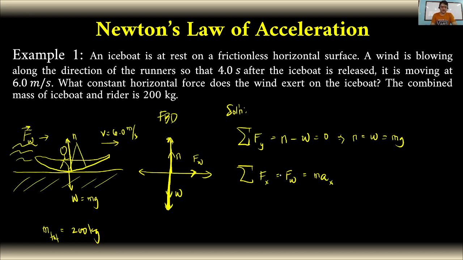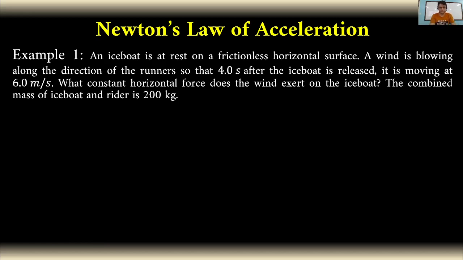As we know, the mass is equal to 200 kilograms. So this implies that the force of the wind is equal to 200 kilograms times the acceleration, which is unknown. So we still have to solve for the acceleration for us to be able to solve for this force due to the wind.